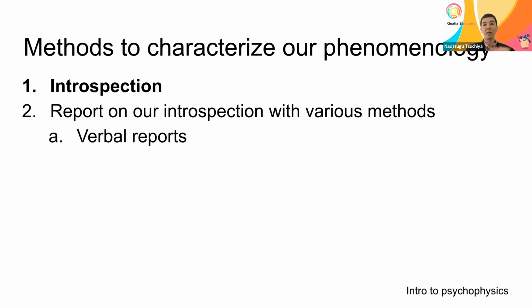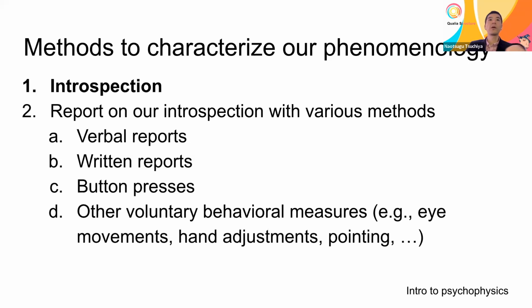For example, you can describe what you are experiencing, like, I'm now tired, or I'm feeling sleepy, or I'm excited, or I'm happy, whatever. You can explain what you are experiencing by verbal reports, and you can also write it. You can press a button, or use many other kinds of behavioral measures like eye movements, hand adjustment, and pointing.